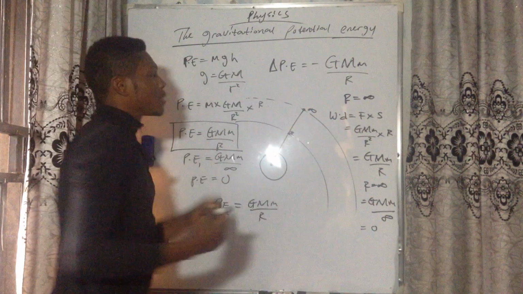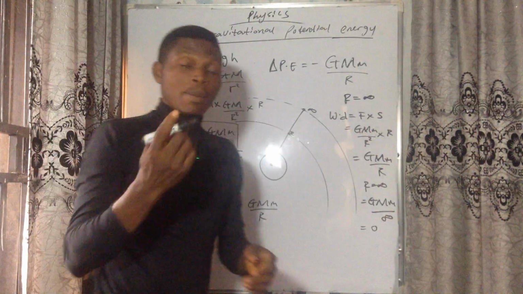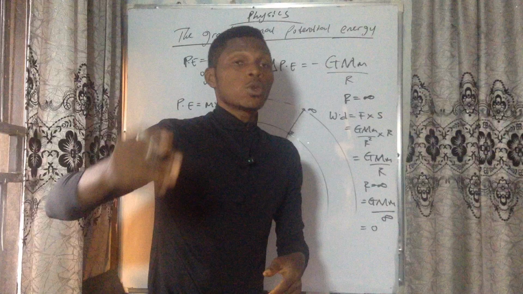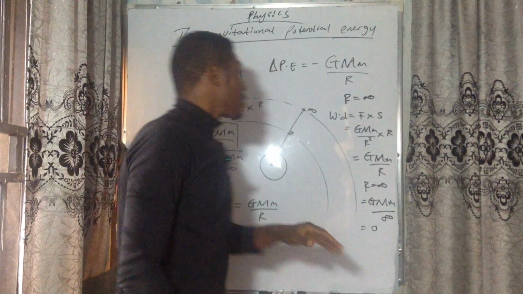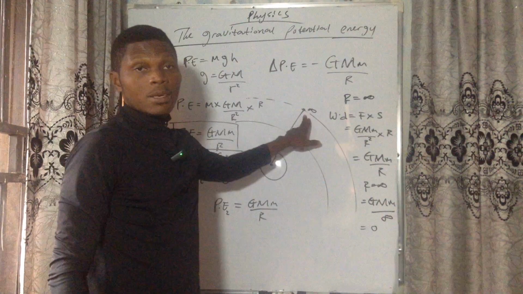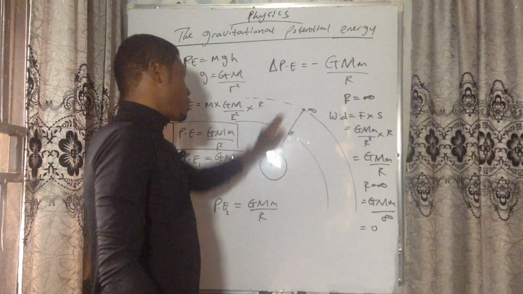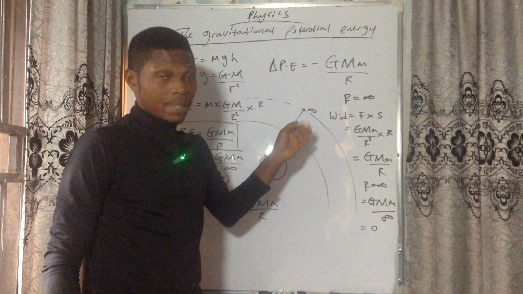So now let us calculate the change in potential energy. Remember, potential energy increases with height. So the potential energy at infinity will be greater than the potential energy at this point R. Do you understand?